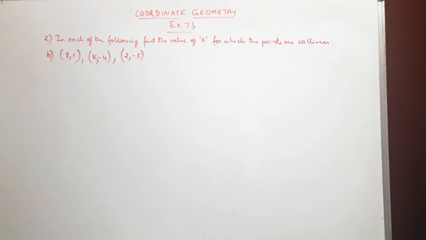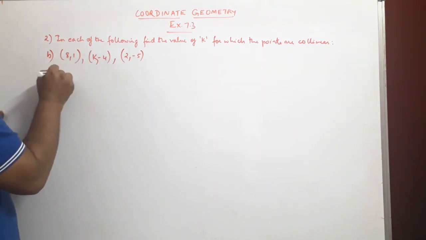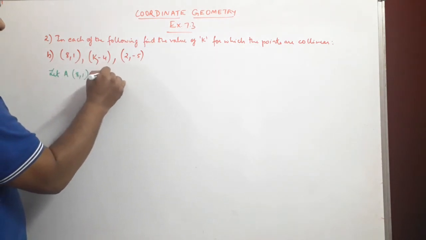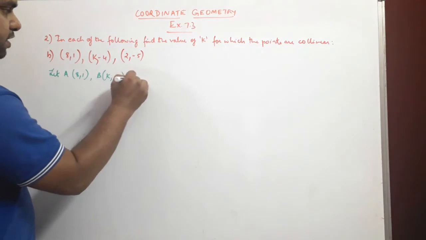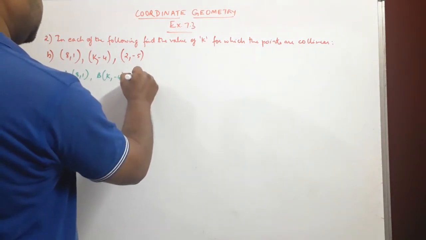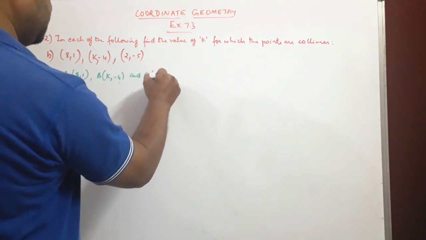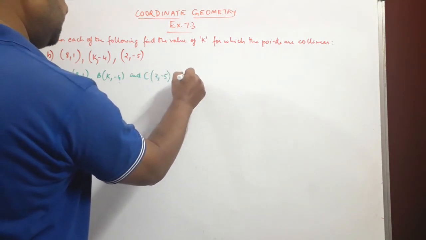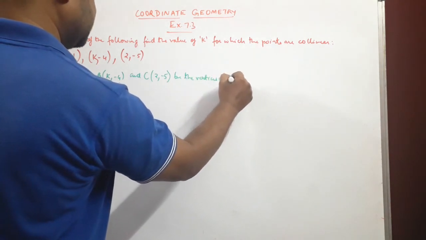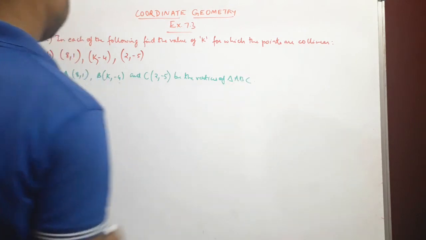The next problem under exercise 7.2, the second question is 8 comma 1, k comma minus 4 and 2 comma minus 4. So once again we will assume let A 8 comma 1, B k comma minus 4 and C 2 comma minus 5 be the vertices of triangle ABC.